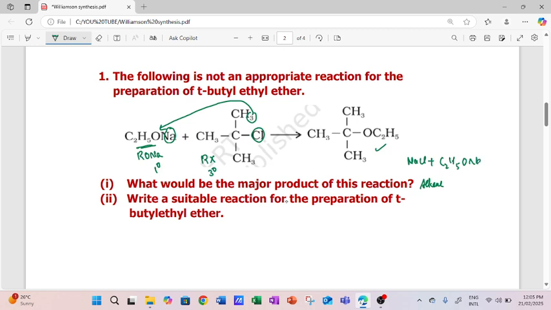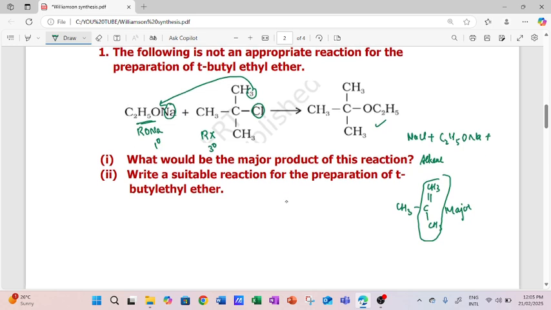As a result, the CH3 changes to CH2, a CH2 double bond. It means CH3, CH3, and any one alkyl group you can do like this, with a double bond CH2. So this is the major product. The alkene is the major product, and the name of this alkene is 2-methylpropene. So this chain we can take. 2-methylpropene is the major product.